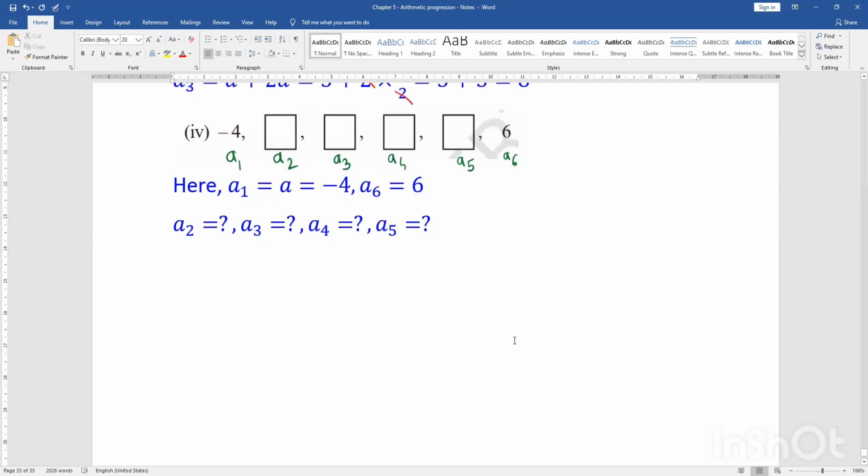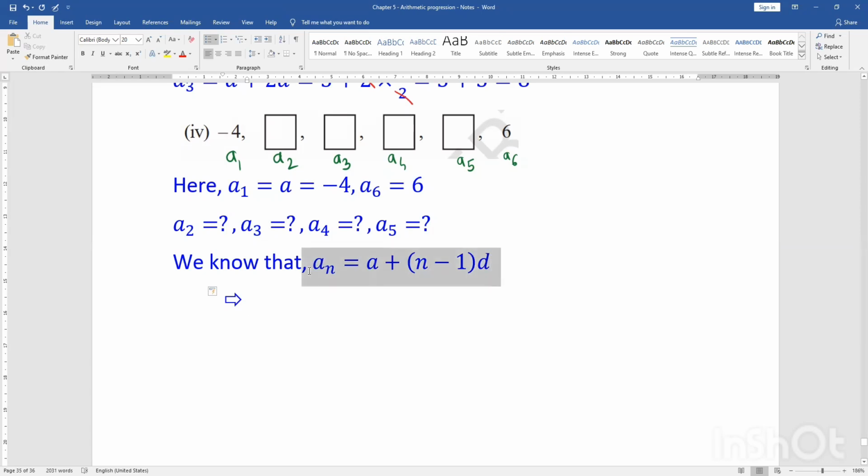Then we write a formula. We know that An is equal to A plus n minus 1 into D, correct? Now we substitute for n equal to 6. So we have A6 is equal to A plus 6 minus 1 into D. Then what is A6?